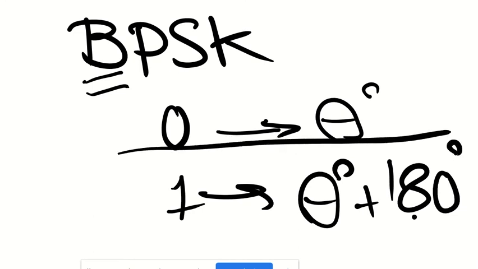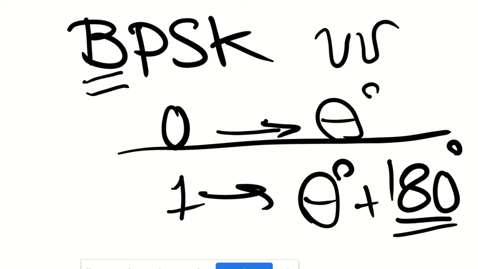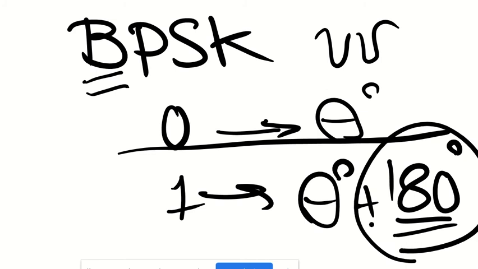So there is a definite value for the phase shift. If this happens, you have binary phase shifting, okay? Whatever phase you have for your 0, then for your 1, you have a 180-degree change in phase. That's BPSK. When you hear BPSK, just think about 180-degree phase shift.